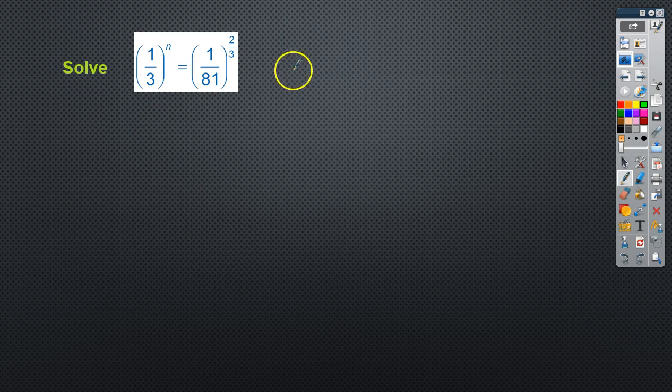I can come off to the side and say 1/3 is really the same thing as 3 to the negative first power. You need to be comfortable with this. This will help you out in the future. So it's 3 to the negative first power times n is equal to 81.